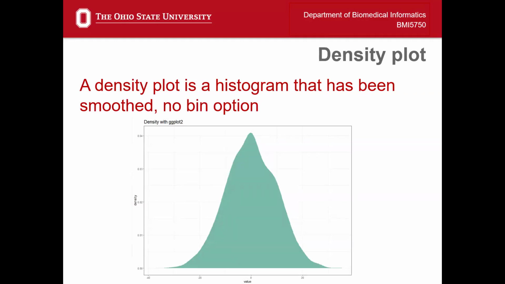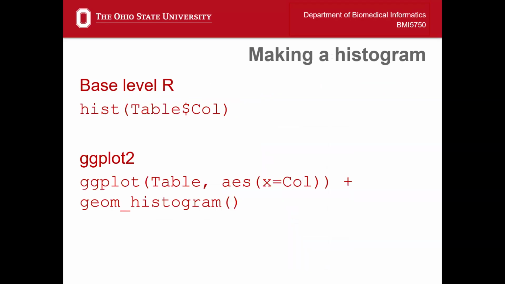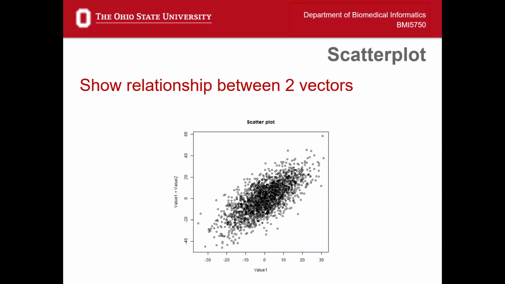And I show a density plot in the code a little bit later, but it's really similar. It's the same plot initiation. We give it one column, and then we add on geom_density with the parentheses. Now, I'm treating histogram and density plots as the same kind of thing.